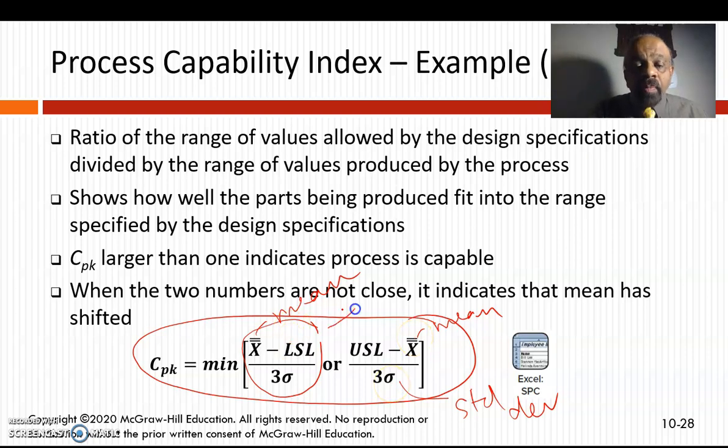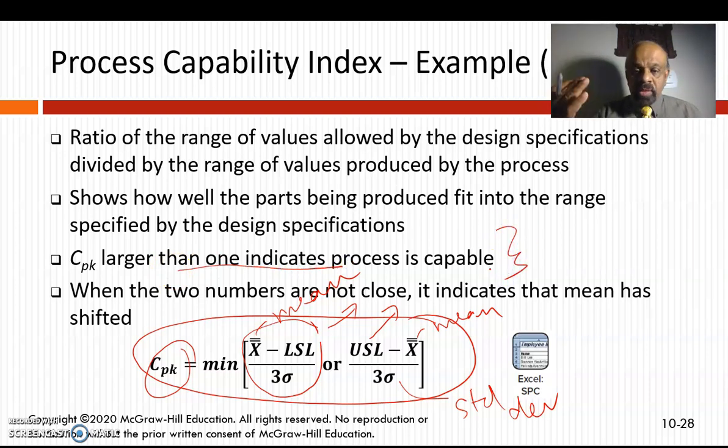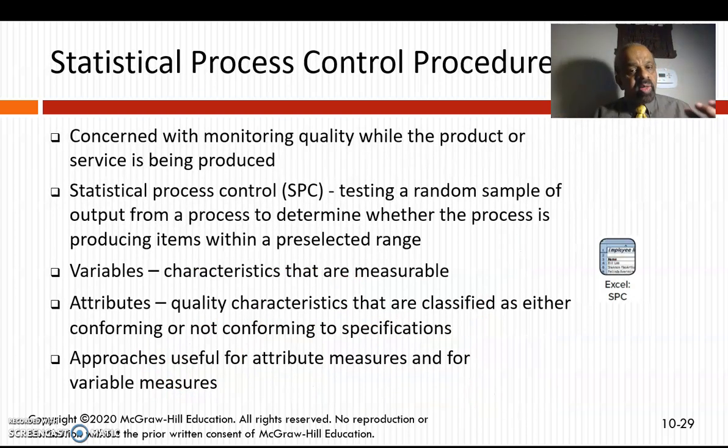You get two different numbers. And the minimum of those two different numbers is the process capability index, CPK. CPK larger than 1 indicates the process is capable. Otherwise, it is not capable. Okay, so CPK should be greater than 1. Okay, so we'll be doing some problems with that later on.